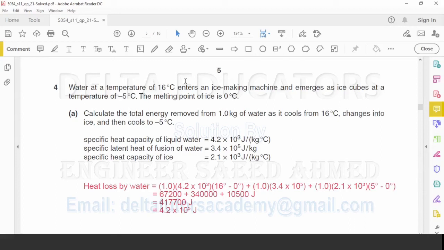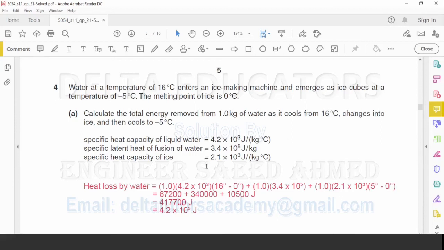During this, it will again lose some amount of heat. So the total amount of heat removed will be in three parts. The first part when the temperature changes from 16 to 0 degrees centigrade. The second part when the water is converting to ice. And the third part when the temperature changes from 0 to -5 degrees centigrade.